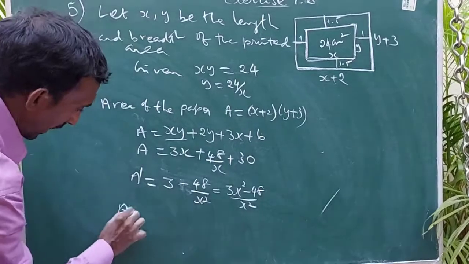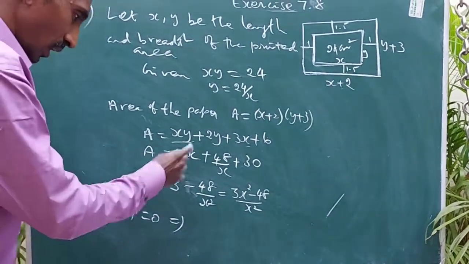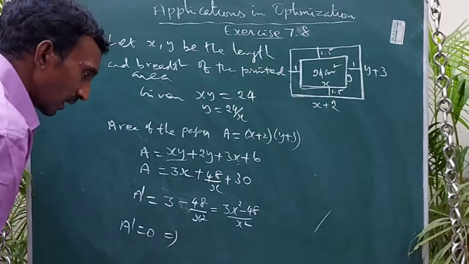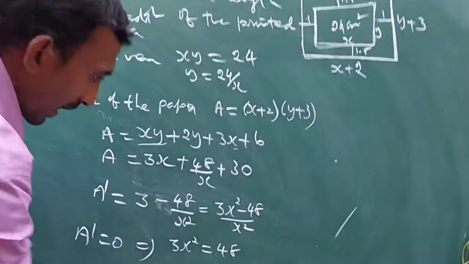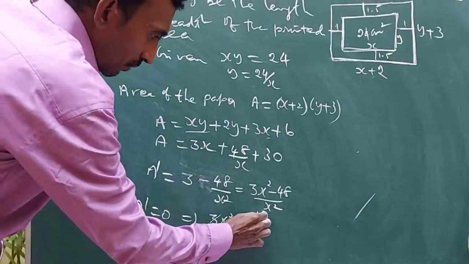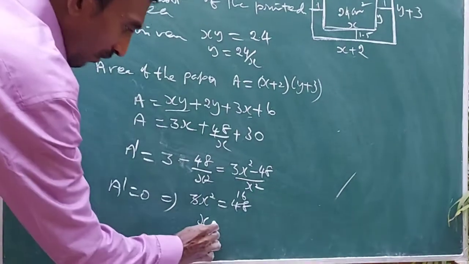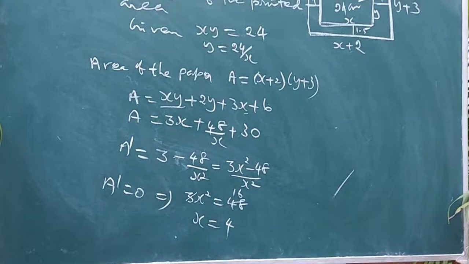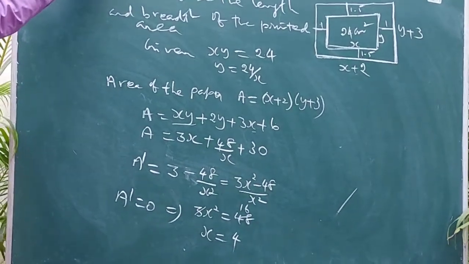A dash equals 0 implies this equals 0. So 3x square equals 48. We can cancel by 3: x square equals plus or minus 4, hmm, 16. We have to consider only the positive square root because length and breadth are always positive. So x equals 4.